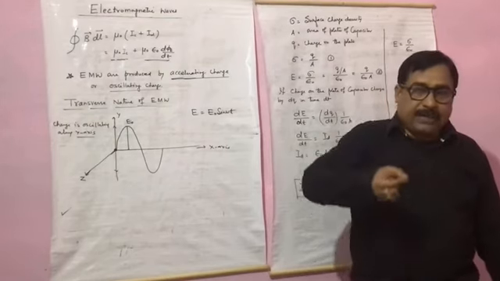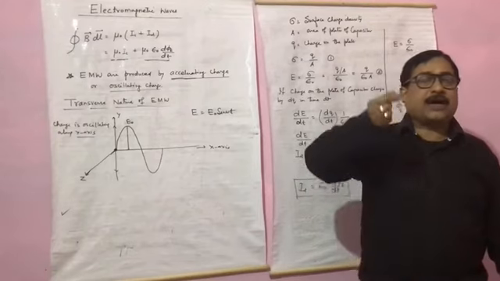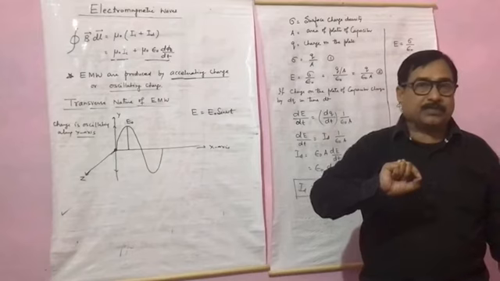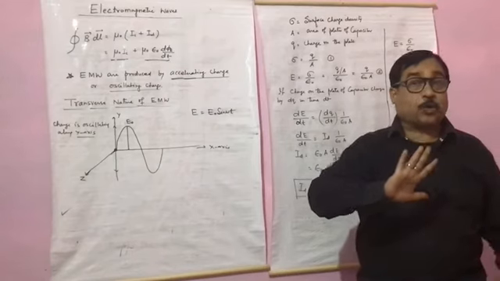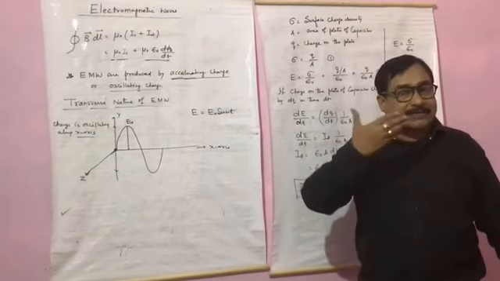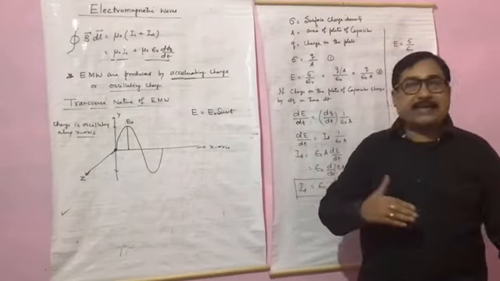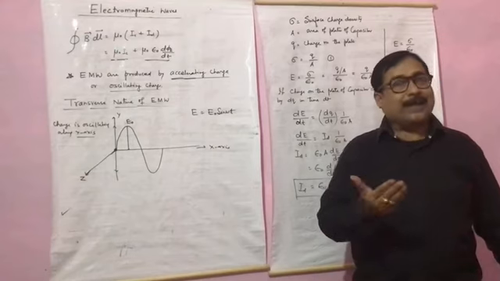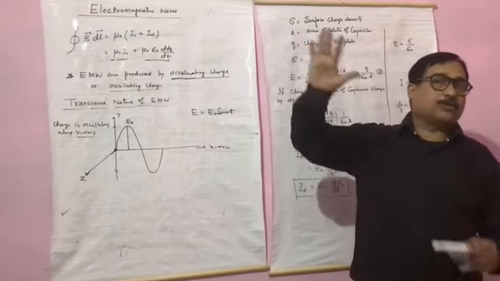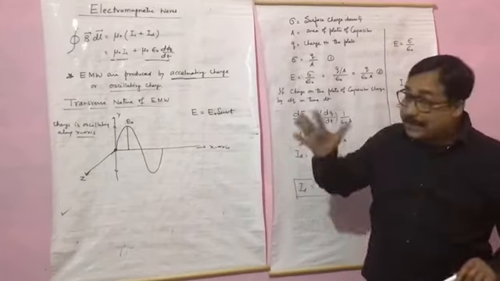So at every instant the charge is oscillating about a mean position and its velocity is not constant. This is an accelerated motion. So this accelerating charge produces an electric field, and also a magnetic field according to Oersted's experiment.